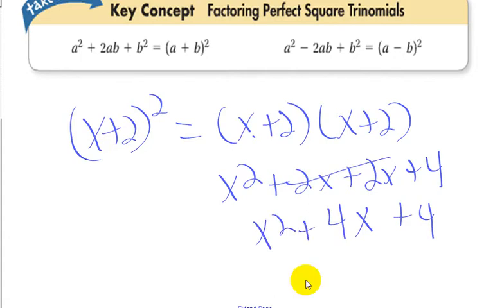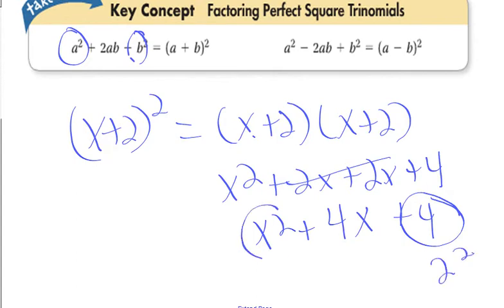Right? So what does that look like? Up here they say it's going to be a squared and a b squared on the end. Well, let's look. Is that a perfect square? Is 4 a perfect square of a number? Yes, it's 2 squared. And how about x squared? Is that a perfect square of a number? Yes, it's a perfect square of x.